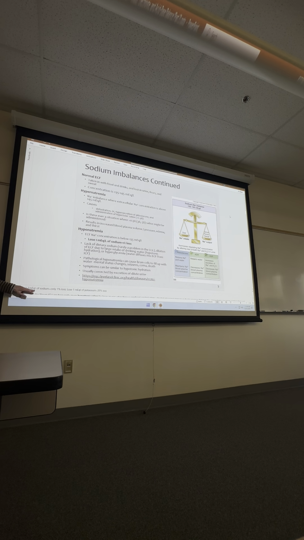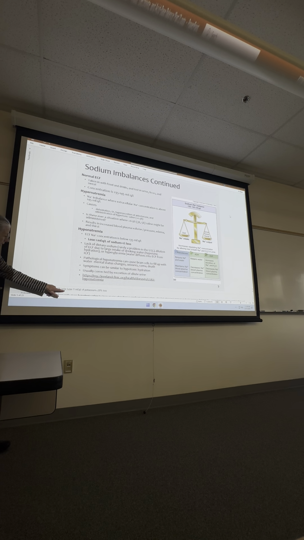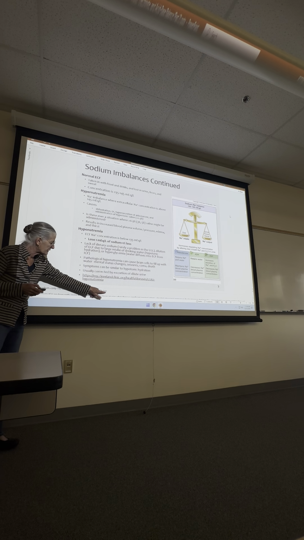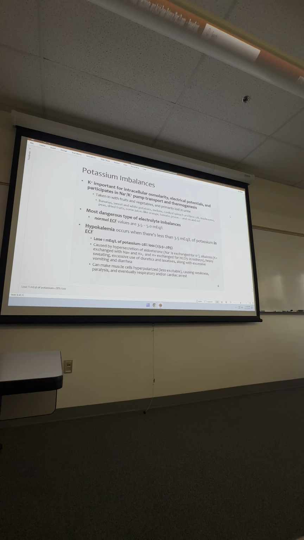If we lose 1 milliequivalent of sodium, we only lose 1% of our sodium concentration. But if we lose 1 milliequivalent of potassium, we are actually going to lose approximately 20% of the potassium in our extracellular fluids. This is the thing we have to think about, especially because potassium imbalances are very dangerous.